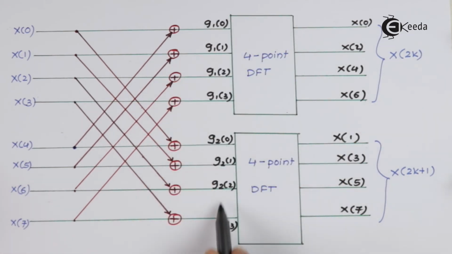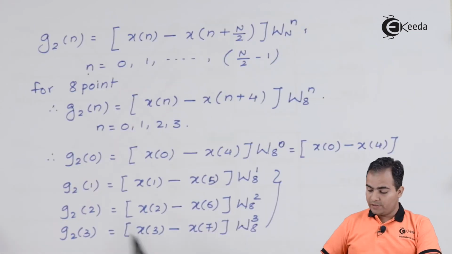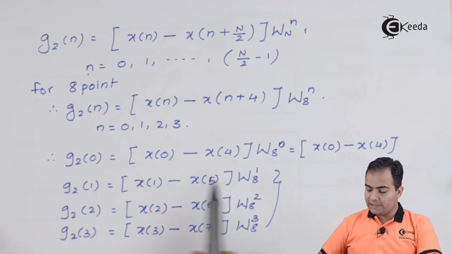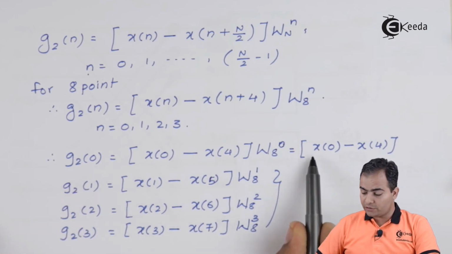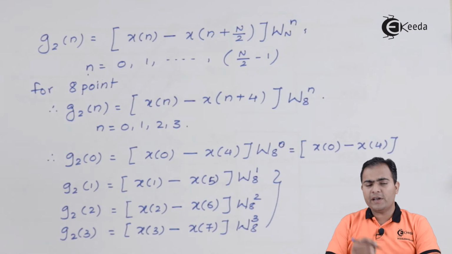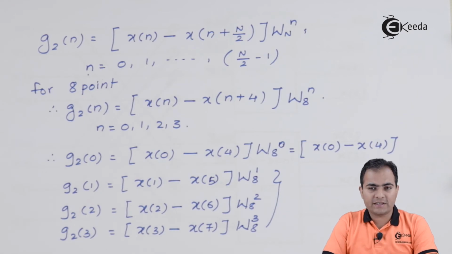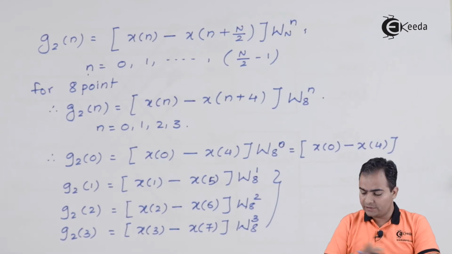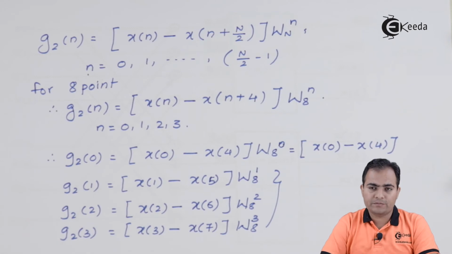But how to calculate g2 of 0 to g2 of 3 values? We have derived the calculations for g2 of 0 to g2 of 3. We'll see that first so that you get the idea of what to do. Now, basically g2 of 0 value is nothing but simply the subtraction between x of 0 and x of 4. We have placed the adder sign, that is the plus sign, at the start of g2 of 0.